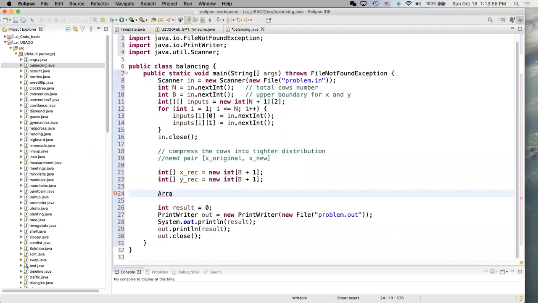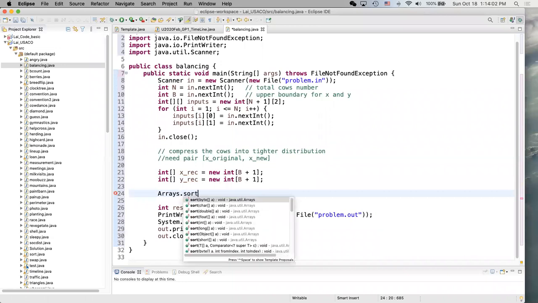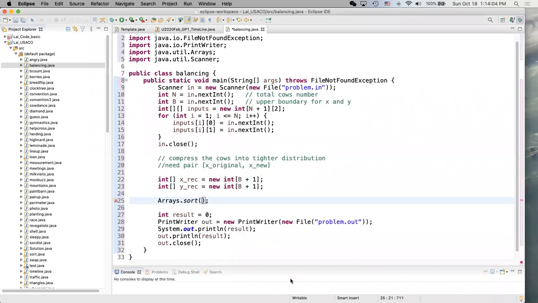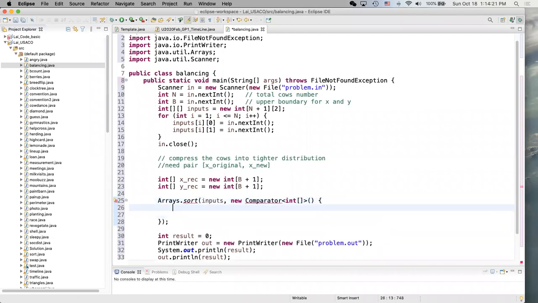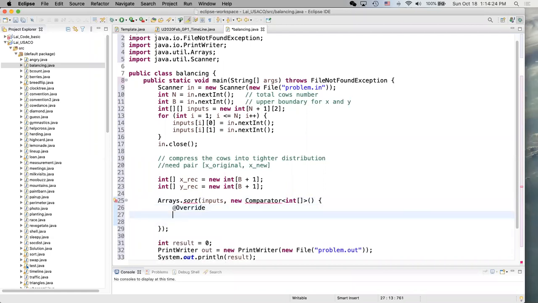So first we're going to sort the inputs based on the X, right? What I want to say is, if sorting is an area that you're not very confident with, you should go into the lecture chapter, I believe chapter 3 or chapter 4, and review that.